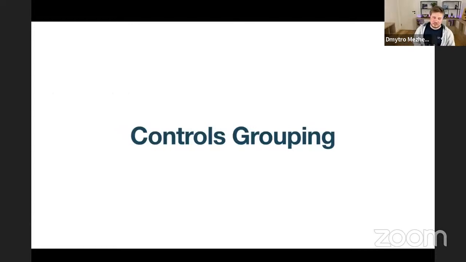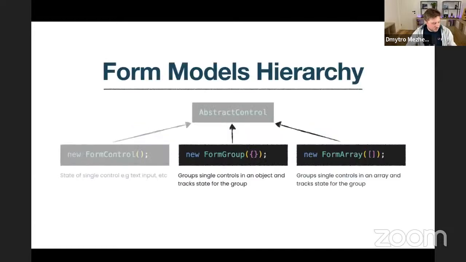Now, let's quickly talk about control grouping. I already mentioned this part at the very beginning, and we will talk about the remaining two forms. Actually, there are three remaining forms. There is also a form record, but from the functional point of view, it's the same as a form group.